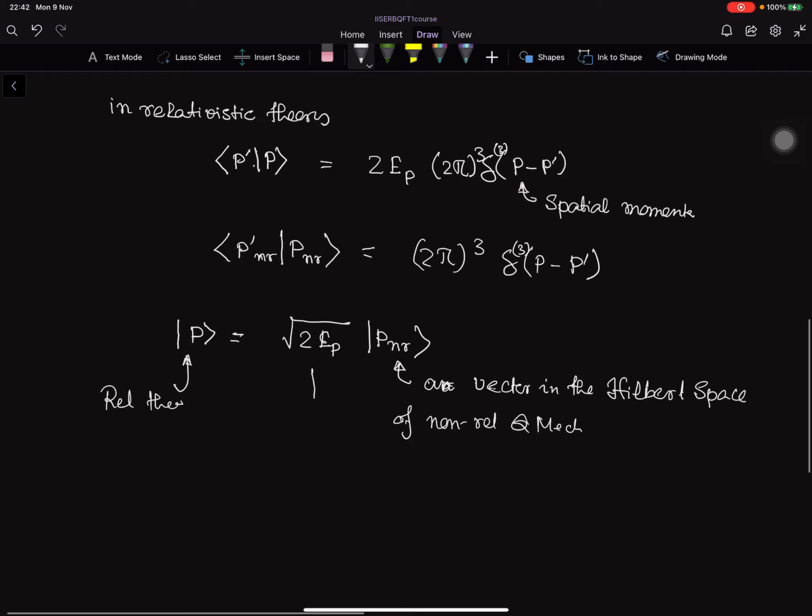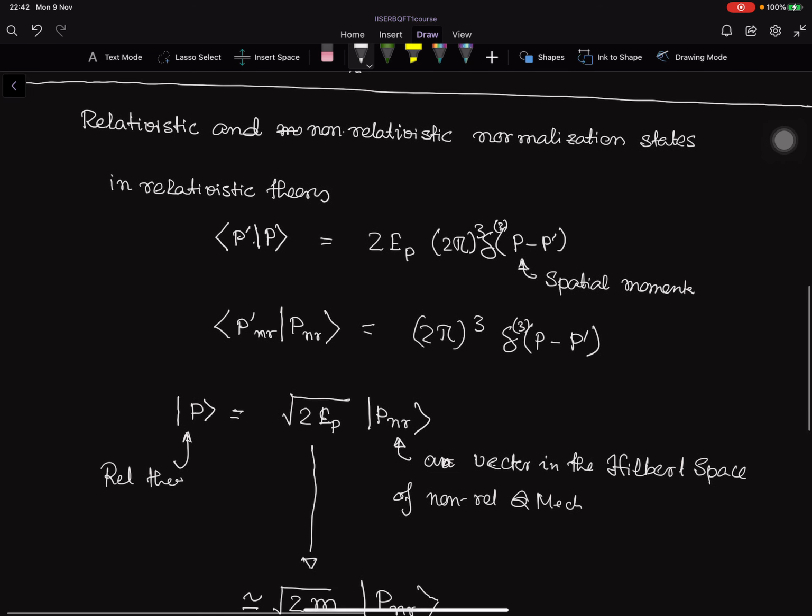Now, in relativistic theory, the leading contribution to the energy is roughly 2m, the mass of the particle, plus some small non-relativistic corrections. So this is the first thing about the relativistic and non-relativistic normalization of states, which will be important for us if we want to consider the scattering.